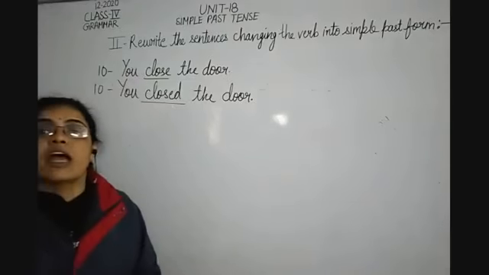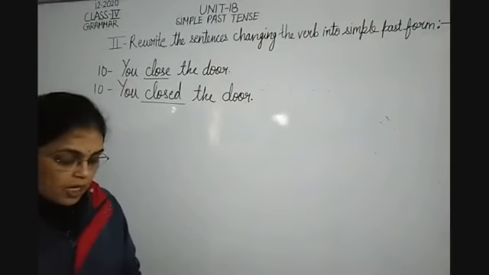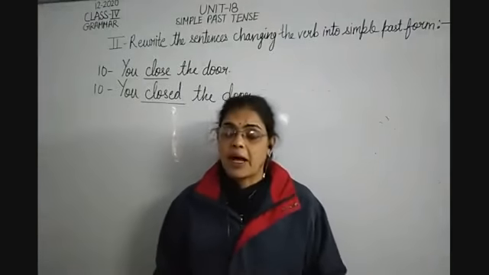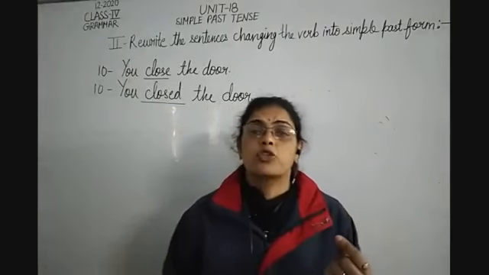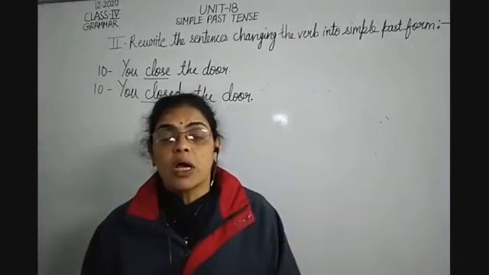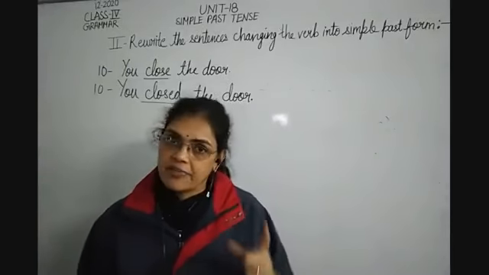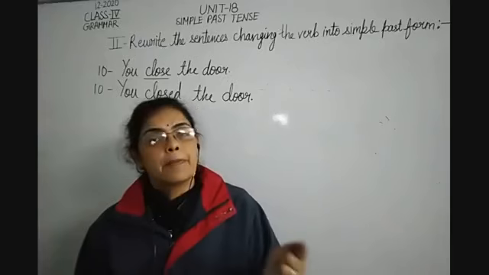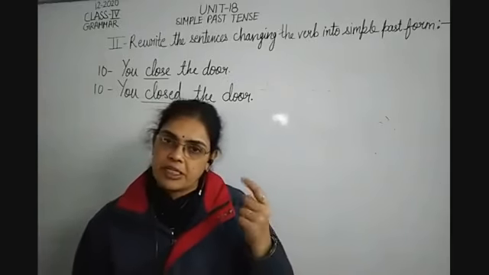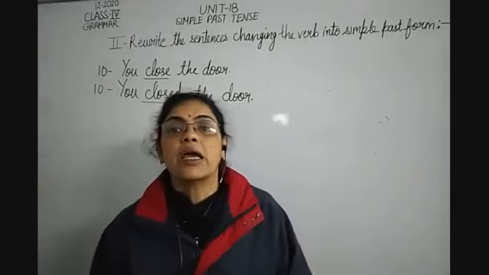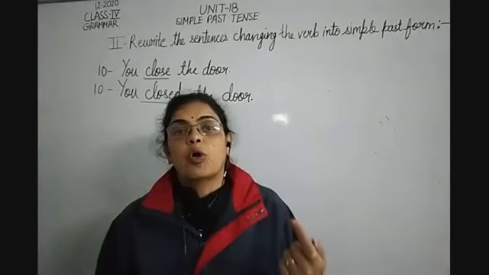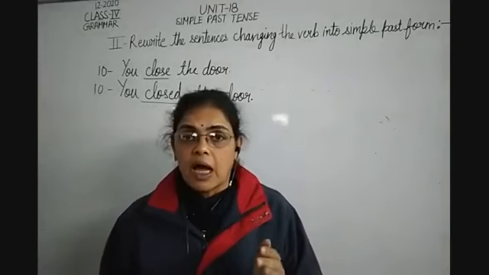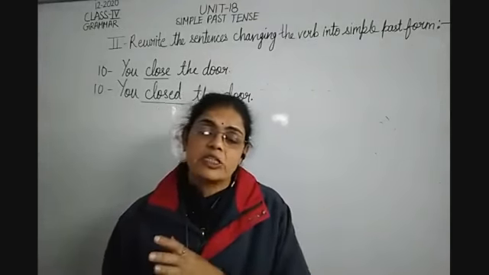Now with this we have finished our exercise 2, and in exercise 2 we have to change the sentences to the past form. So for that you only need to remember that first of all you need to underline the verb, identify the verb, underline it, and then you need to change the verb to the past form, है ना. आपको सबसे पहले बेटा verb को पहचानना है, underline करना है, और फिर आपको उसको past form में change करना है, and the remaining sentence will remain the same.